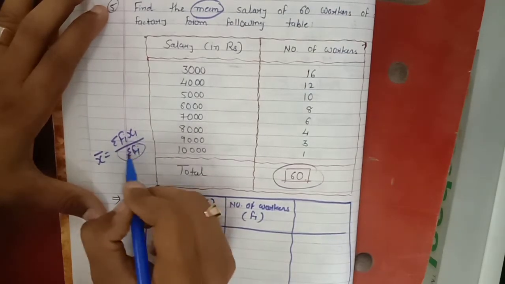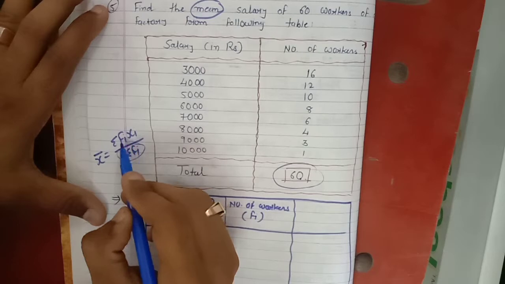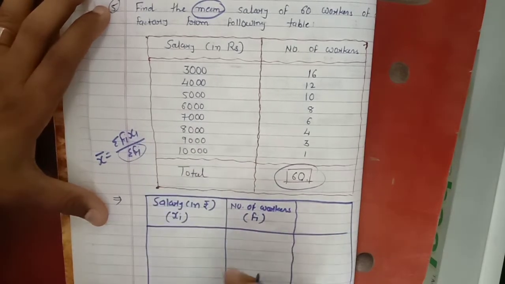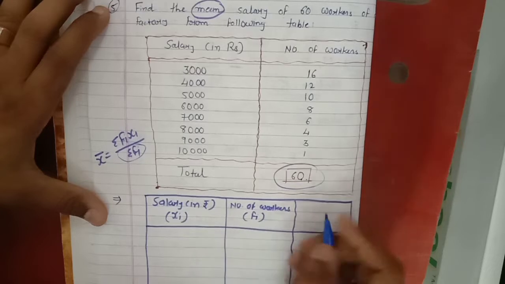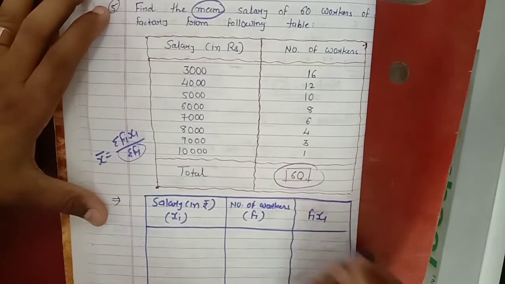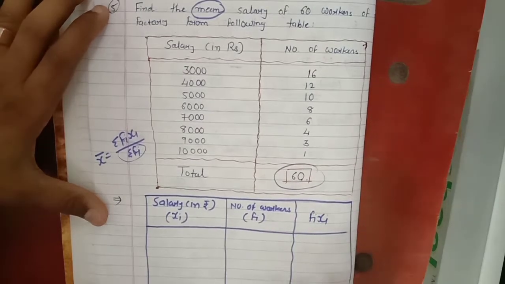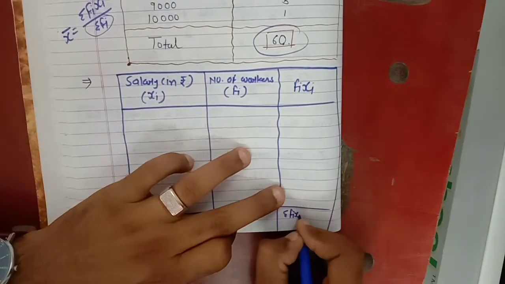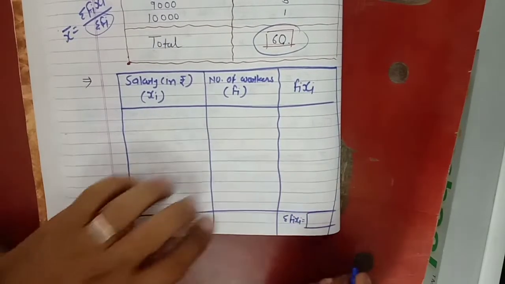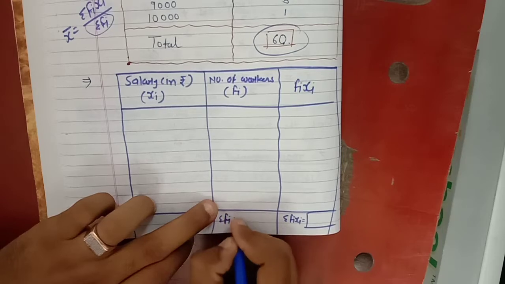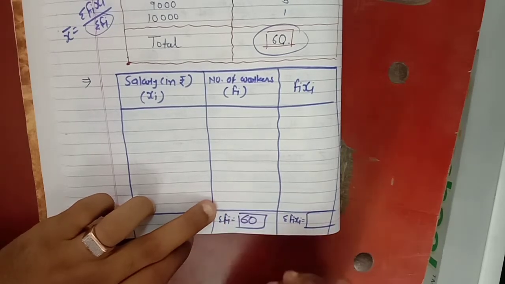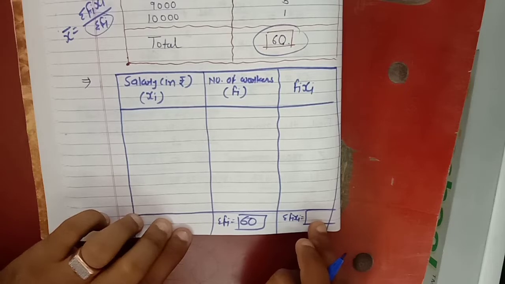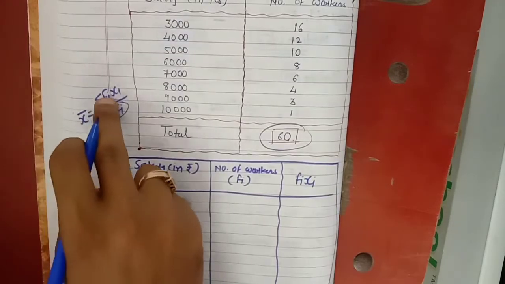You need sigma fi xi, which means first we multiply fi and xi and then sum. If I find this, then I can find x bar using x bar equals sigma fi xi upon sigma fi.